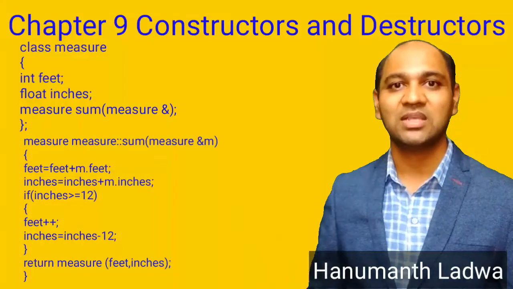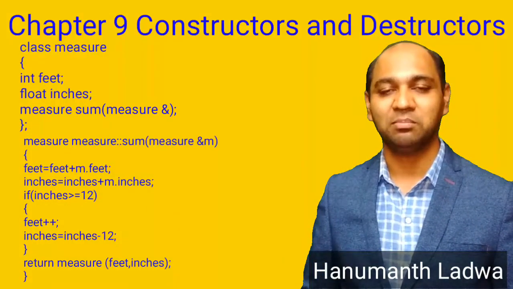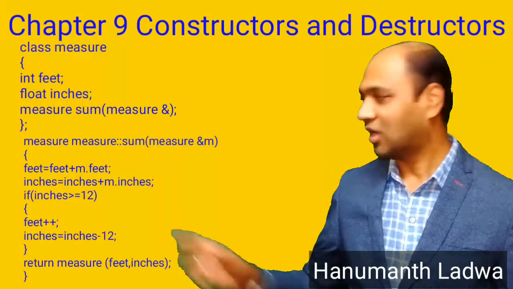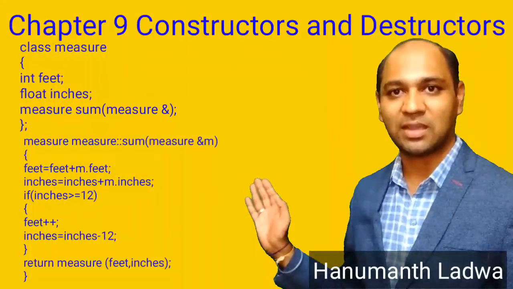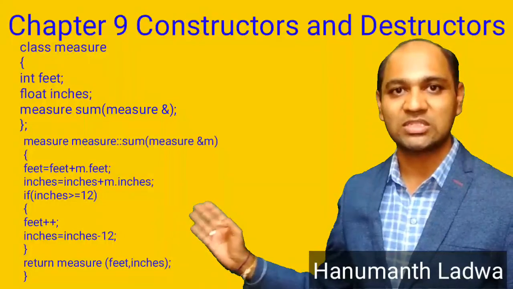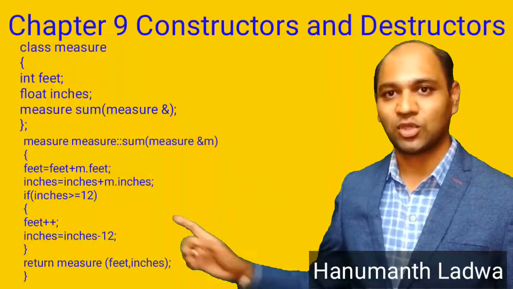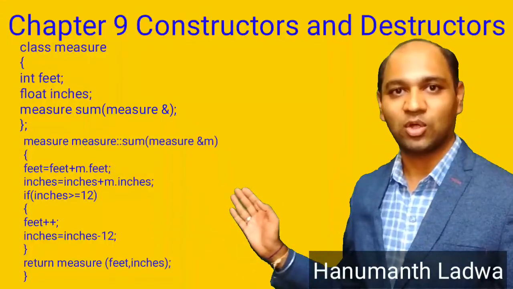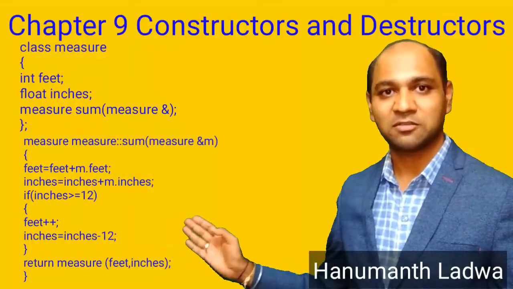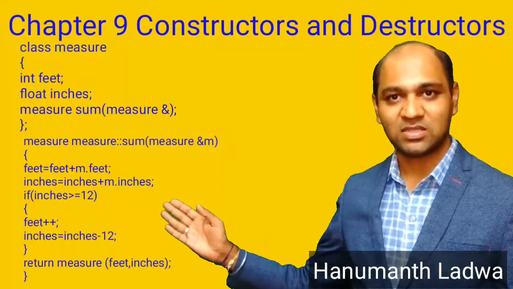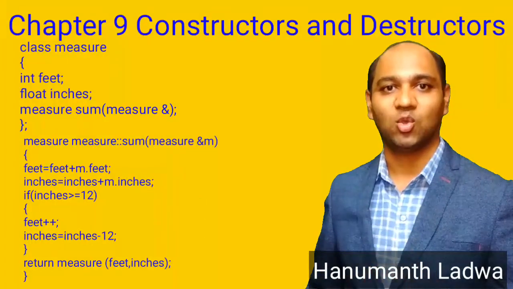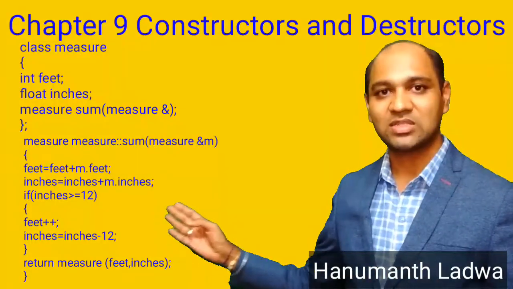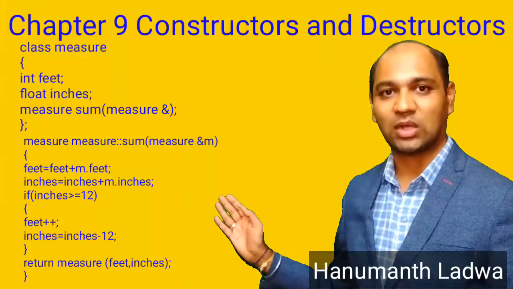So we are passing the address of the object m, which is of type measure, curly open brace, and here we are going to write feet = feet + m.feet, inches = inches + m.inches. So if inches is greater than or equal to 12, curly open brace, feet++. If it is greater than or equal to 12, then feet has to increment its value by 1. Now you can see here inches = inches - 12.